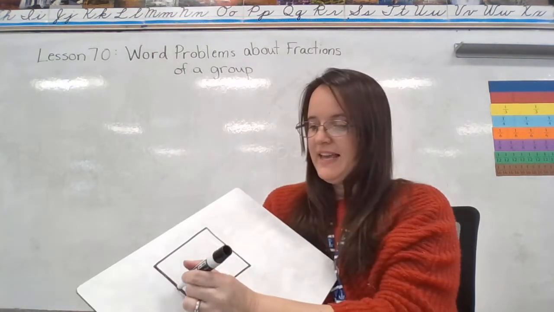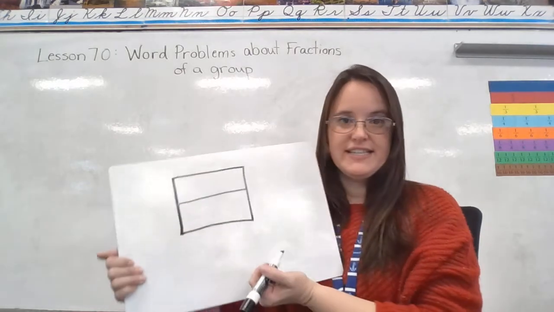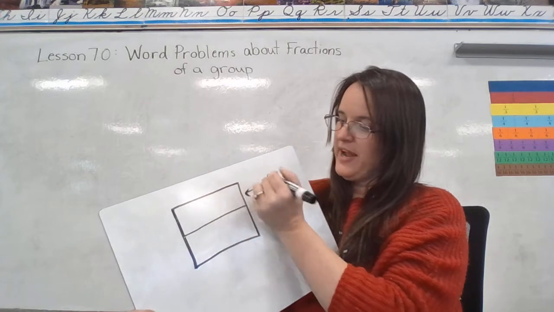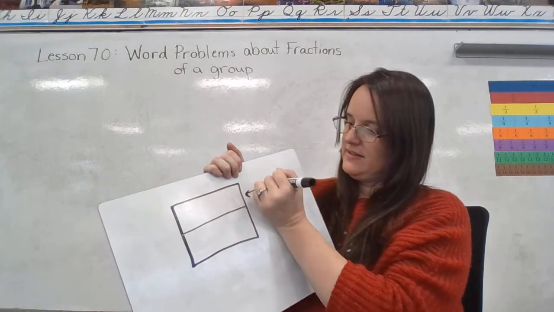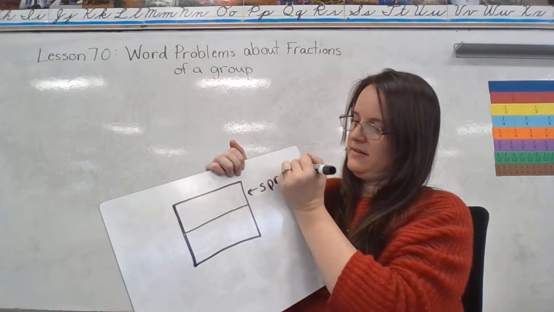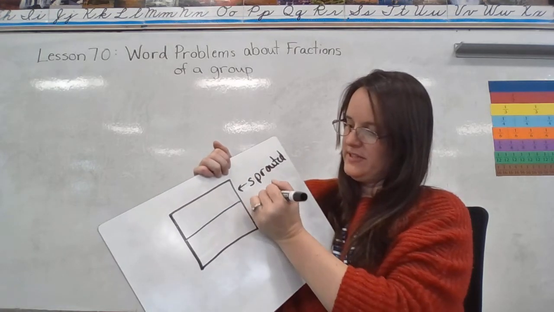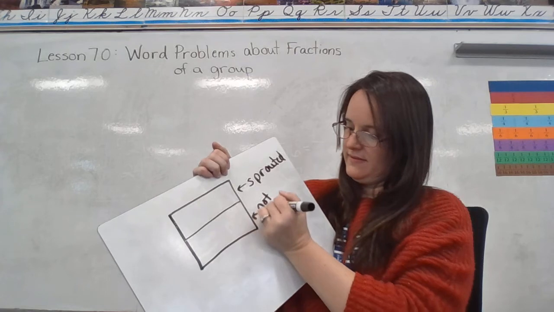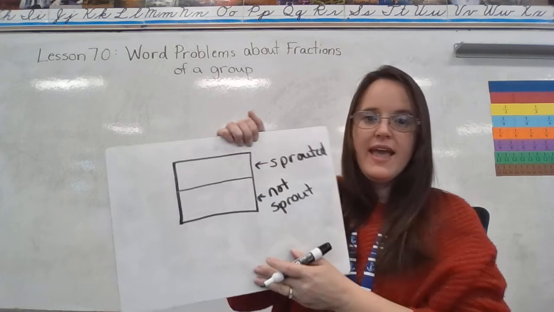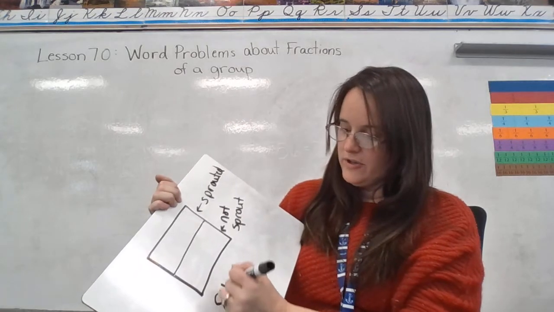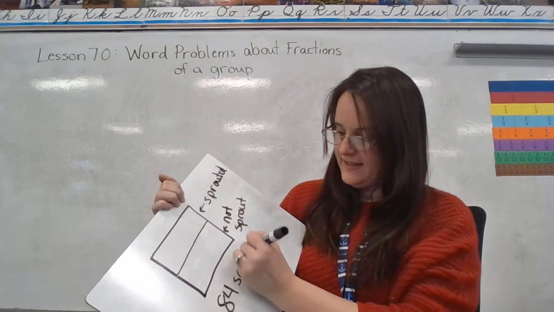And we are saying 1/2 of our seeds sprouted. So we could label this side with, these are the sprouted seeds, and these are the seeds that did not sprout. And they told us there were 84 total seeds.